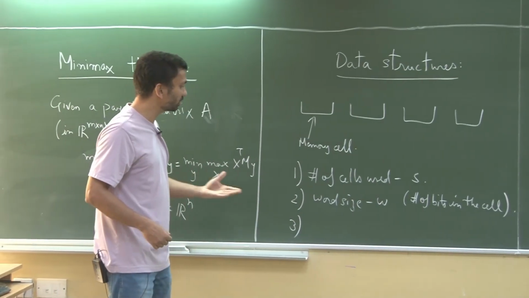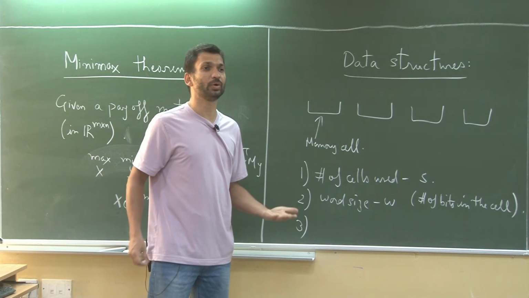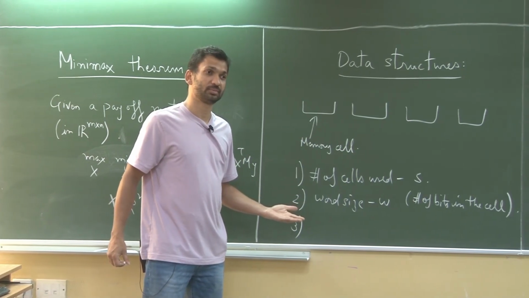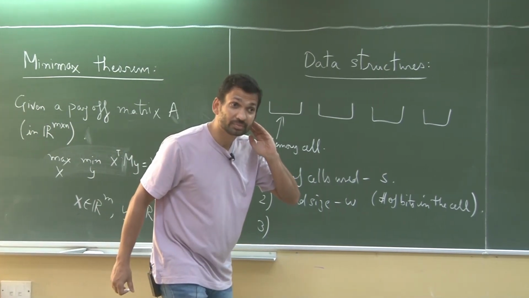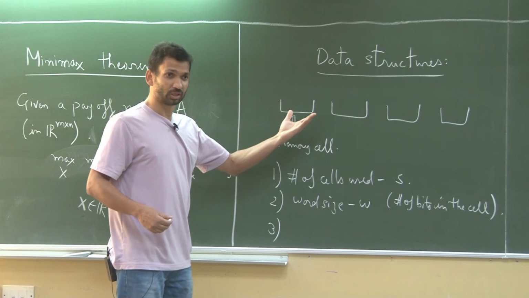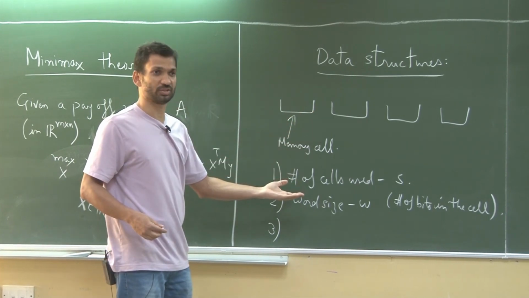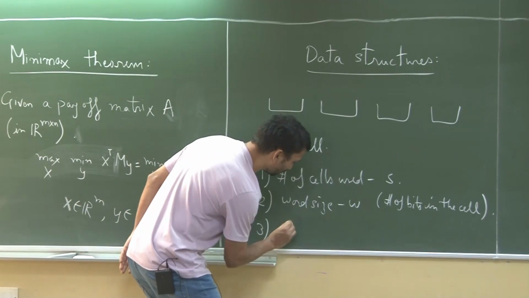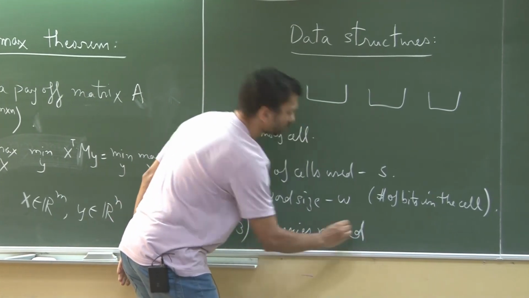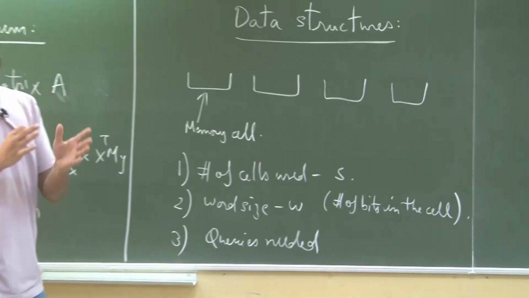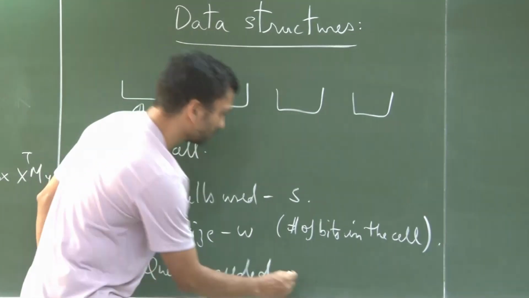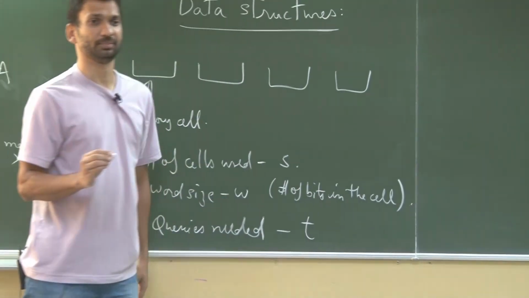So if I have a question in mind, what other thing do I want to optimize? Time. Time in this case would be the number of memory cells I will fetch, the queries needed, and generally it is queries needed in the worst case, for the worst possible input. I will call this T.